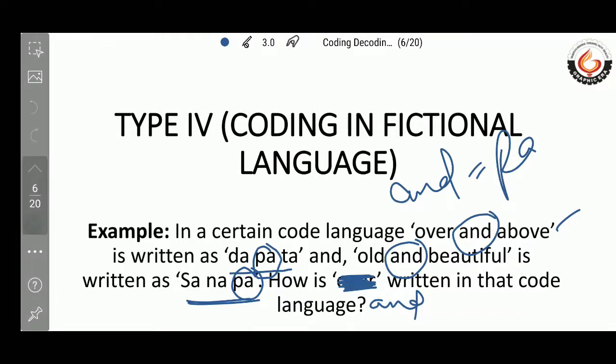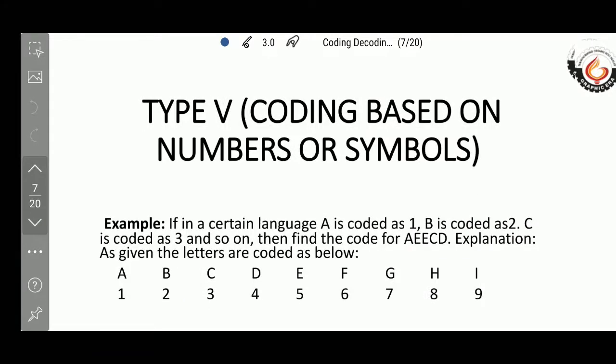After this, type 5. Type 5 is coding based on numbers or symbols. Here we directly code the alphabetical letters to some numbers or codes or symbols. Here for example, it is given that A, B, C, D, E, F, G, H, I are coded as 1, 2, 3, 4 in sequential manner.